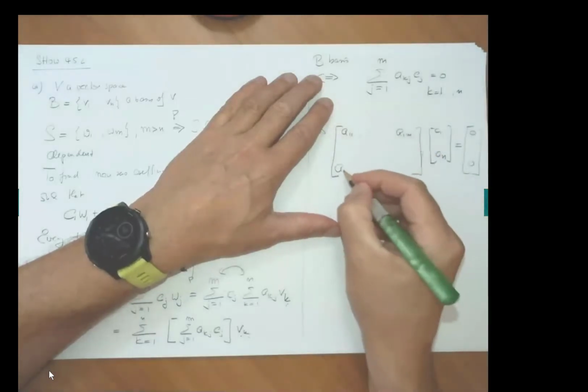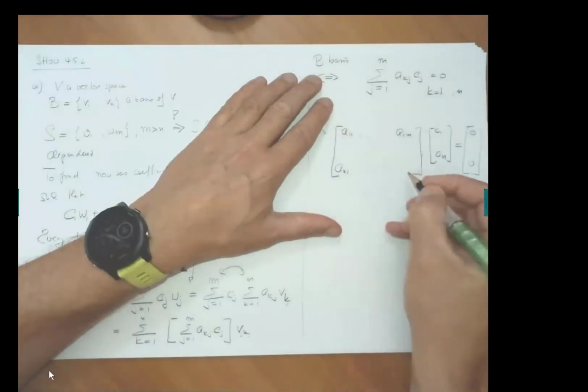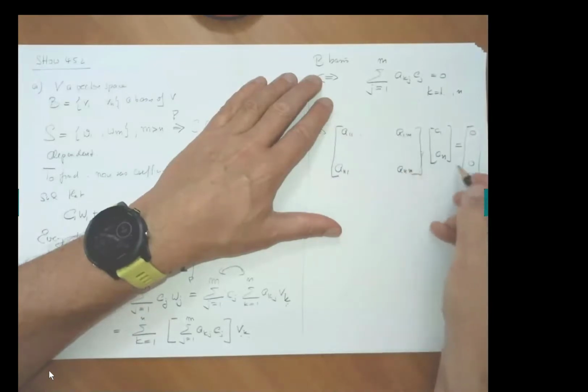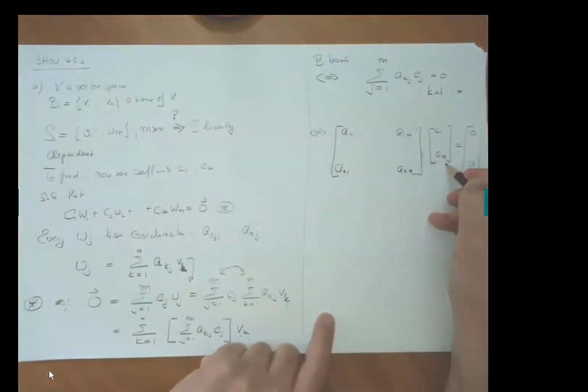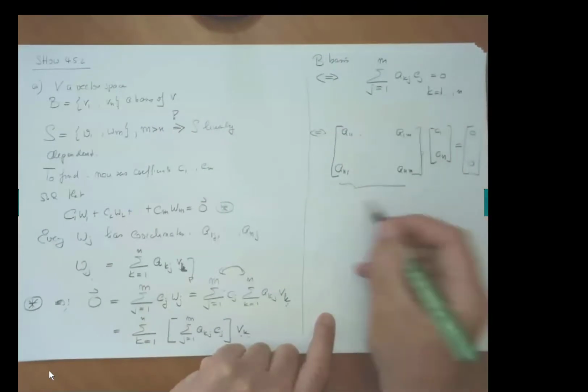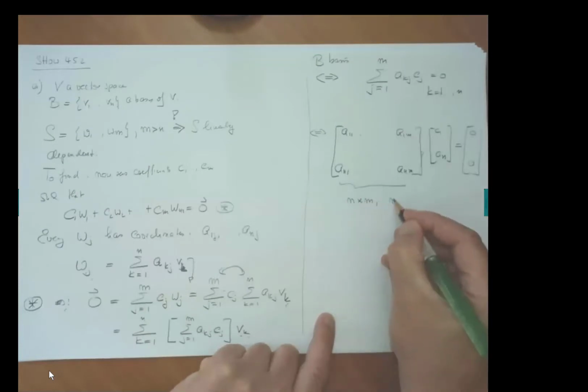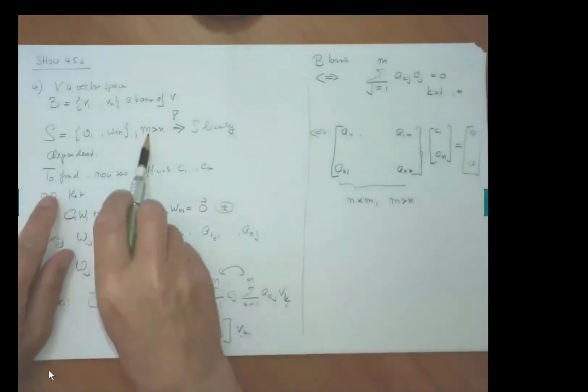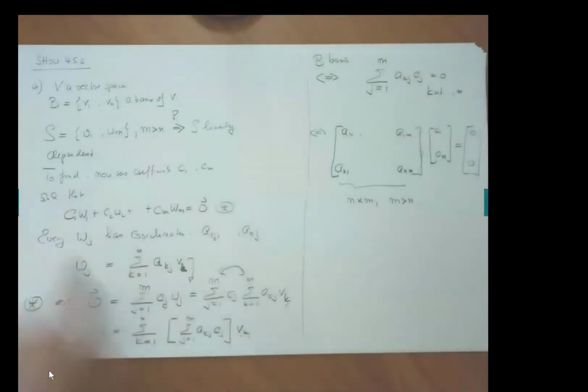So here the last one would be an1 to anm. So this is our coefficient vector. This is the 0 vector. And how big is this matrix? It's n cross m with m larger than n, no? Because we have more vectors than the basis has.